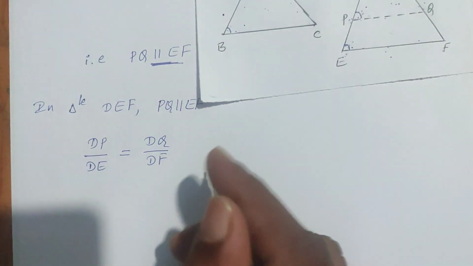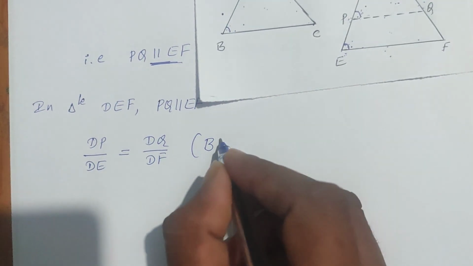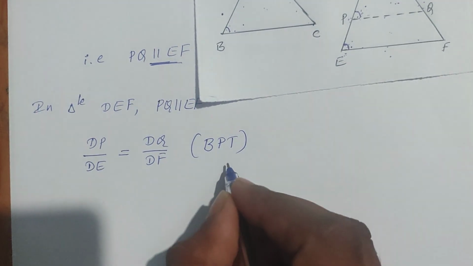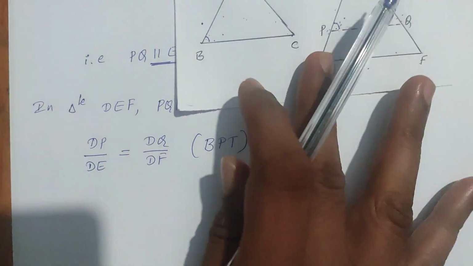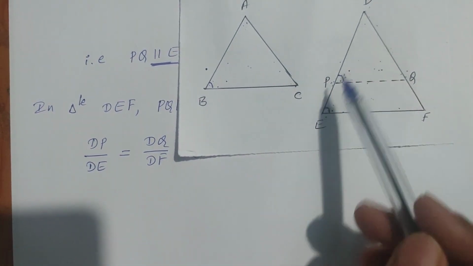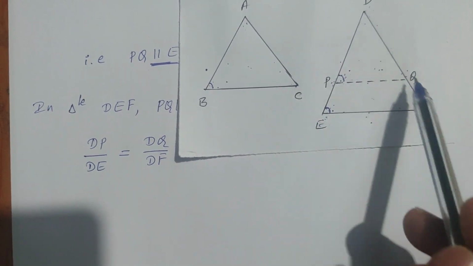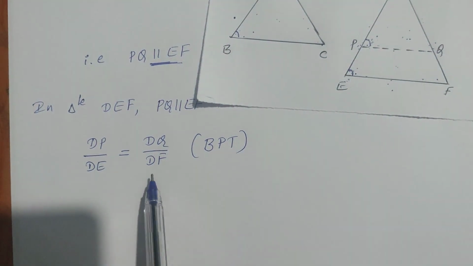This we have written from BPT. So we have proved example 1 by using the BPT. DP by DE is equal to DQ by DF.